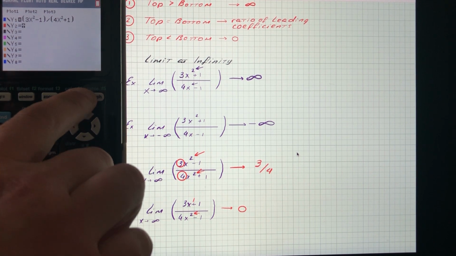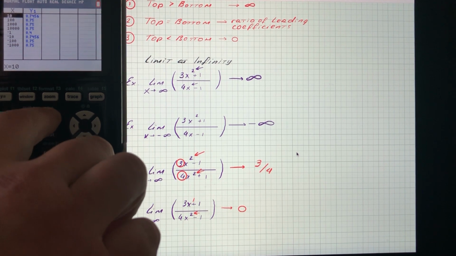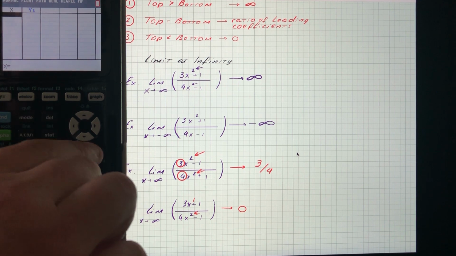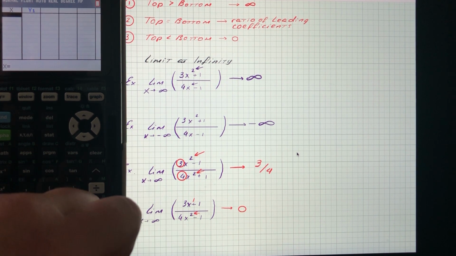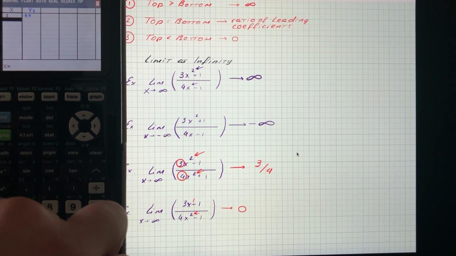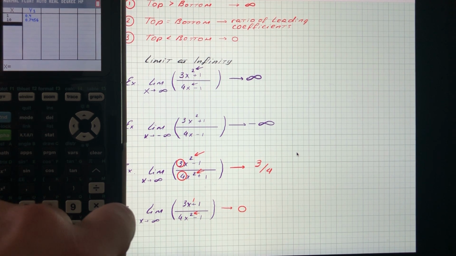So we're going to the table, and as x goes to infinity, let's delete all of these values and start over. So delete, delete, delete, and we're going to plus infinity. So let's start off again. 1, that's a ratio of 0.4, 10, 0.74, 100.